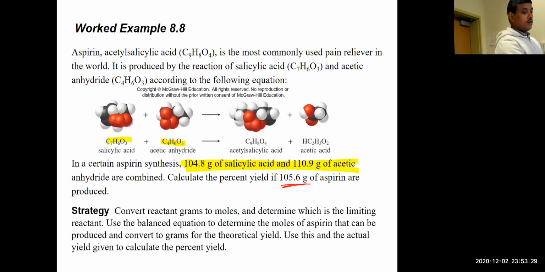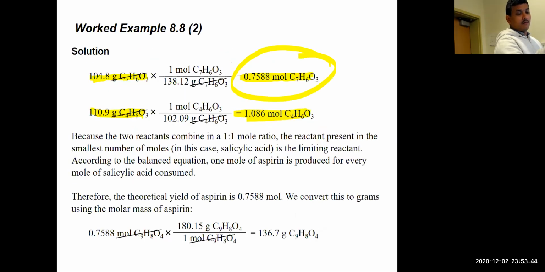I just want to take it slowly for you guys. For this 1 mole of salicylic acid, which we identified as the limiting reactant, the acetylsalicylic acid, aspirin, is also luckily in a 1:1 ratio. So the maximum produced is 0.7588 moles, which is what we directly took. So we just saved that calculation step as well.